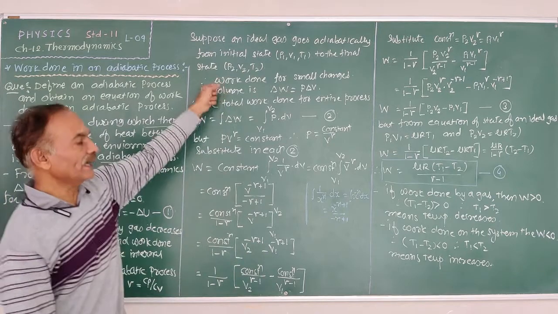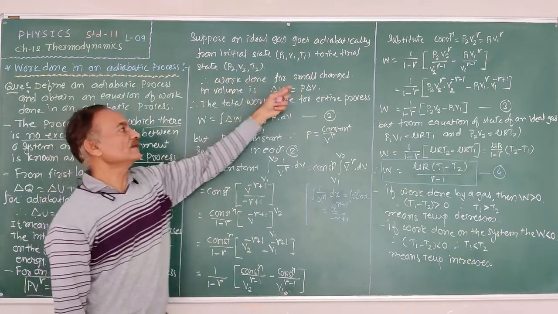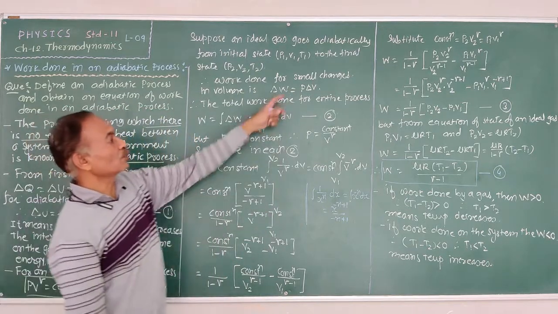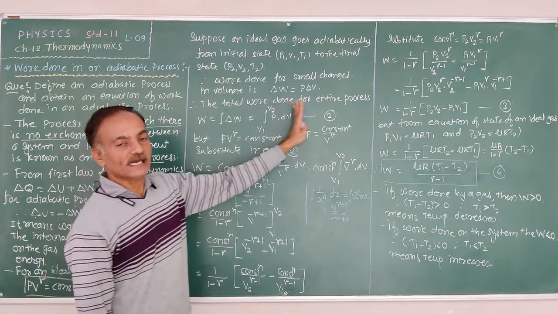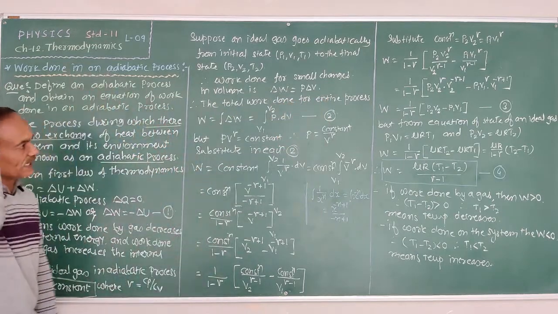Now the work done for small changes in volume, delta W, is equal to P into delta V. Therefore, the total work done for the entire adiabatic process is obtained by taking the integration.